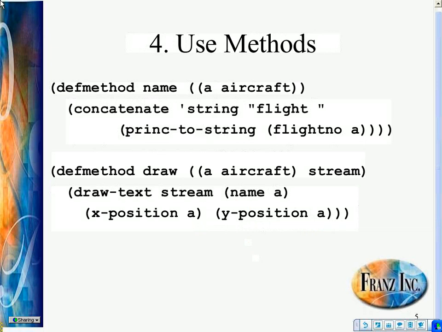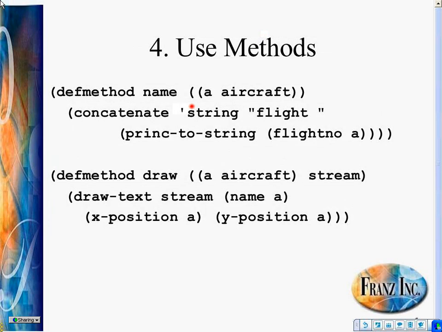Once you have defined classes and you have instances of them, you can define methods. A method is like a function, but one or more arguments, and they must be the required arguments, are specialized so that this particular method will only run when the first argument, the only argument, is an instance of the class aircraft.